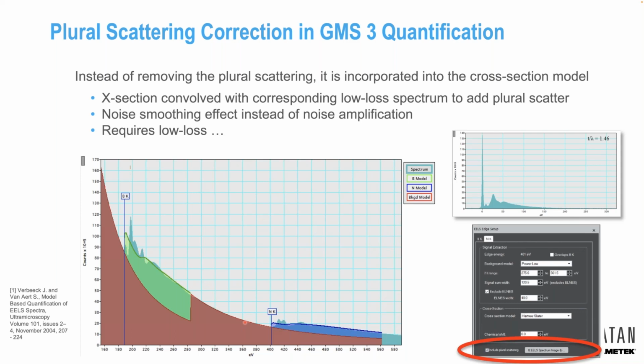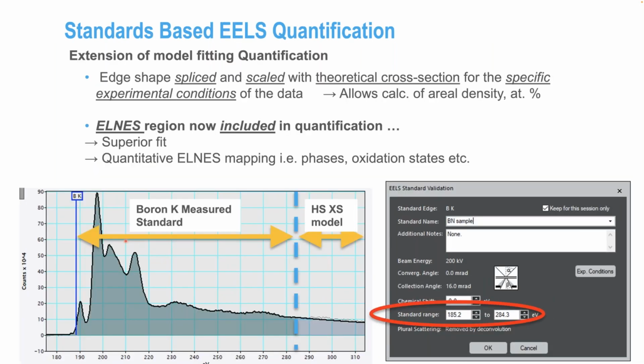Okay, so I've mentioned a little bit about the ELNES, and we do not deal with the ELNES with these calculated cross-section shapes. But if we do want to deal with the ELNES and have the ultimate fit, what we do is a standards-based ELNES quantification approach. So this is really nice. It's an extension of the model fitting quantification, but we have two components of the edge shape, the edge model.